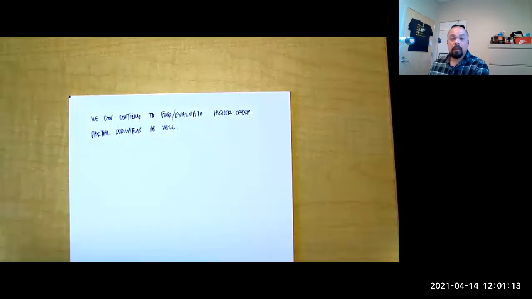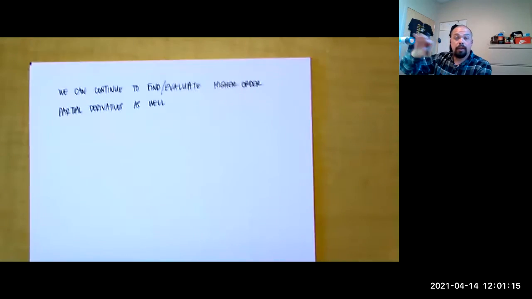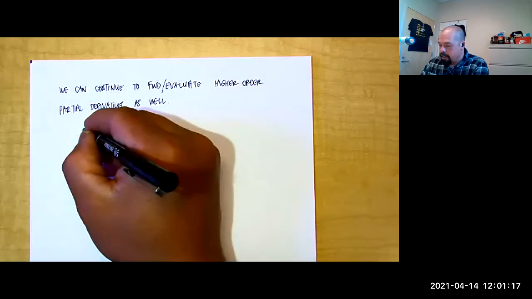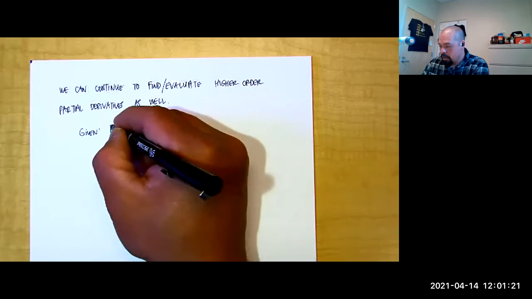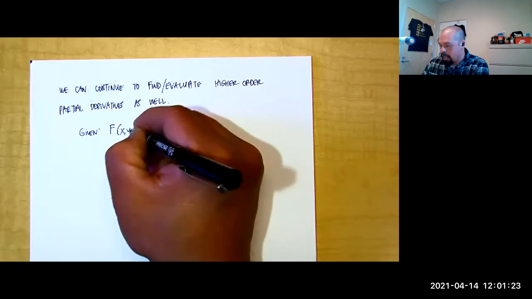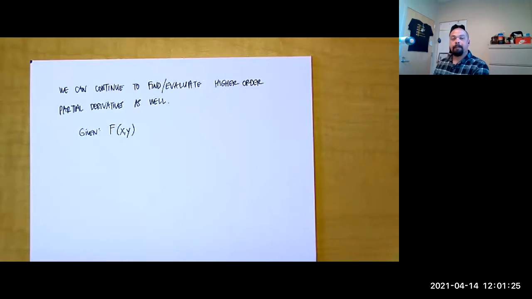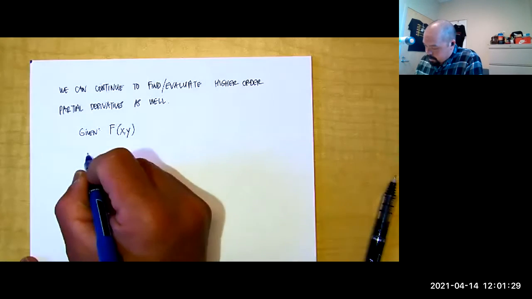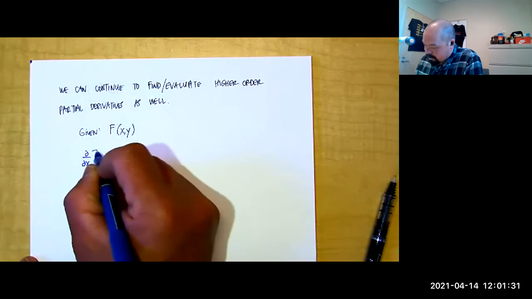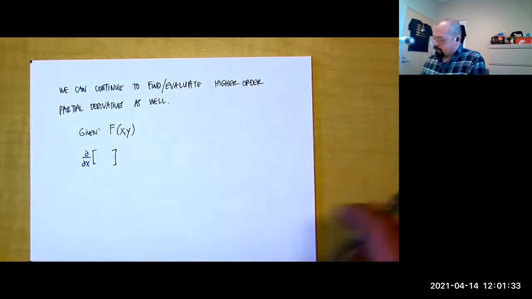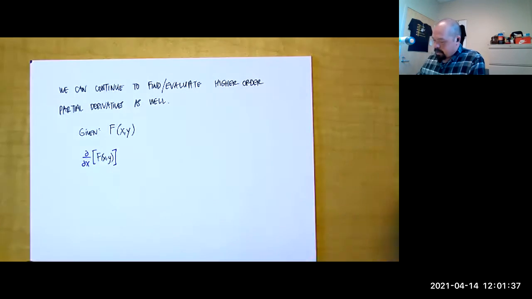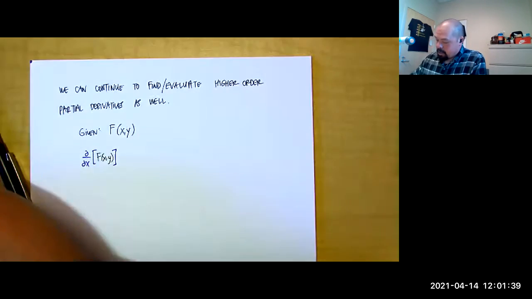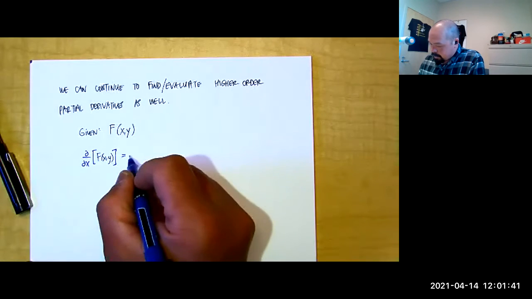Okay, zoom in here. So again, considering if we're given a function, capital F of x, y, or later f of x, y, and z, right? We can take our partial with respect to x, get that result, right?